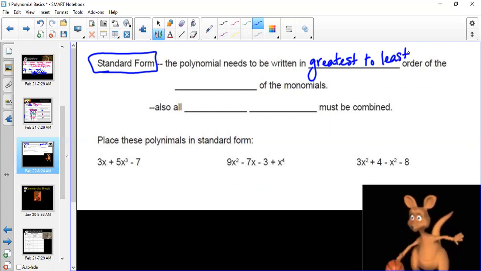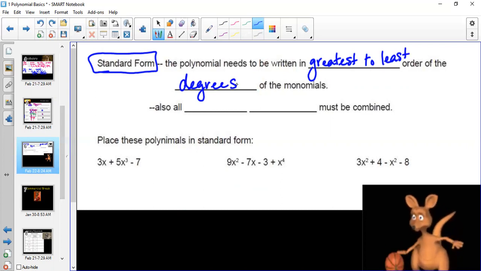So it's going to be written in greatest to least order of the exponents. Or I shouldn't say that. Let's go back. Of the degrees. Let's use a better vocabulary word here. Okay, so we want the biggest degree to come first when I'm writing this in standard form.